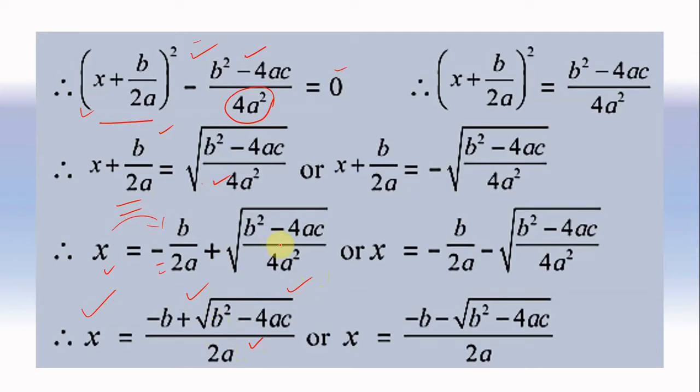At the same time, you should remember that whenever we take the square of 4, it is equal to 16. Then the square of minus 4 is also equal to 16. That means the square root of 16 can be minus 4 or plus 4. In the same way, it can be minus root of b square minus 4ac, or it can be plus root of b square minus 4ac.